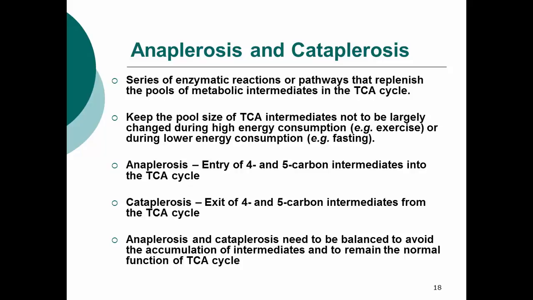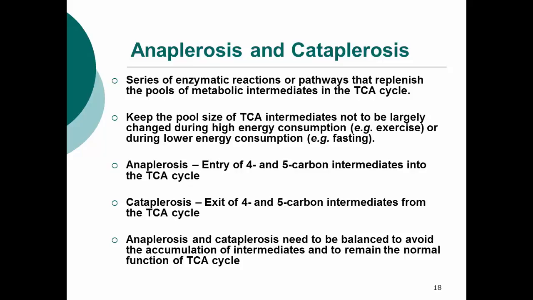If we add intermediates into the TCA cycle, this process is called anaplerosis. And cataplerosis means that we take some intermediates of the TCA cycle to make either glucose or fatty acids, right? So this process is called cataplerosis.